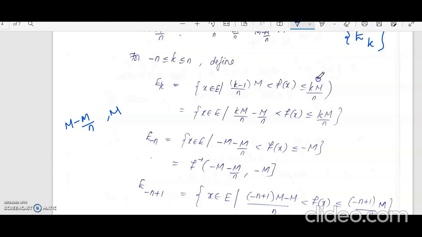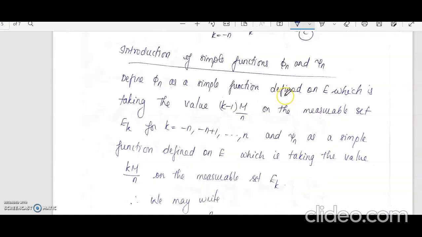So using these values km by n and k minus 1 n by n, we define simple functions phi n and xi n.